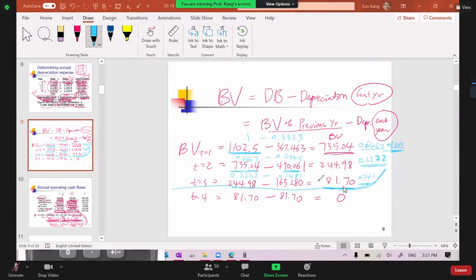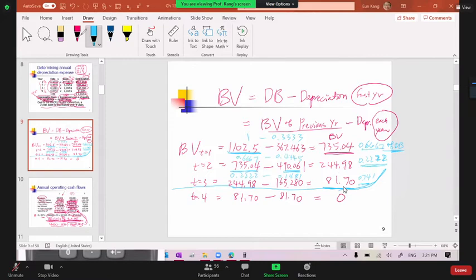This is easier to understand, but the percentage way may be faster. Rather than going through all these steps, this one is only 0.0741 of the depreciable basis. So depreciable basis times 0.0741 is 81.70. Or for year two, it's also easier to multiply.